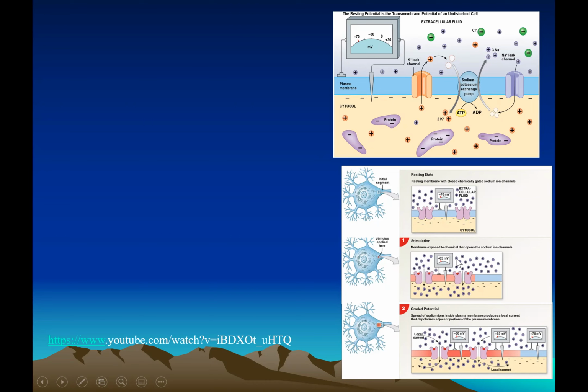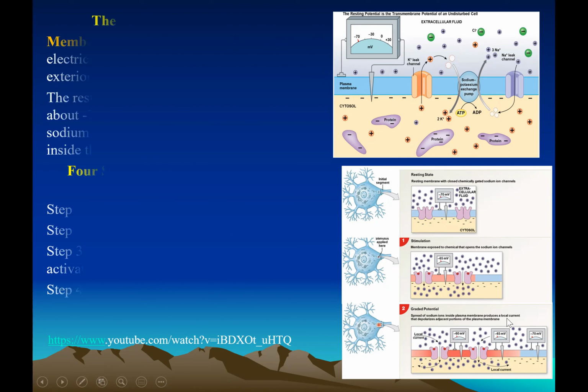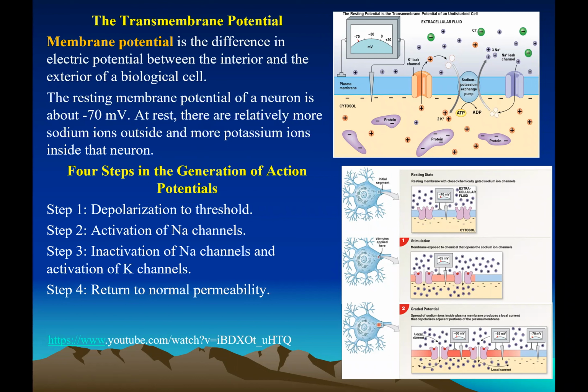It becomes more positive, from negative 70 to negative 65. Then the sodium ions spread inside the plasma membrane, producing a local current that depolarizes the adjacent portions of the plasma membrane. These are the different steps happening to the membrane potential of a neuron.